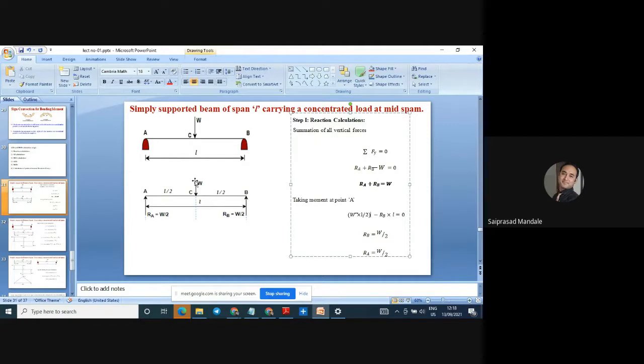Now here it is clockwise, and here it is anti-clockwise, so minus RB into L equals 0. Focus on the moment I have taken.